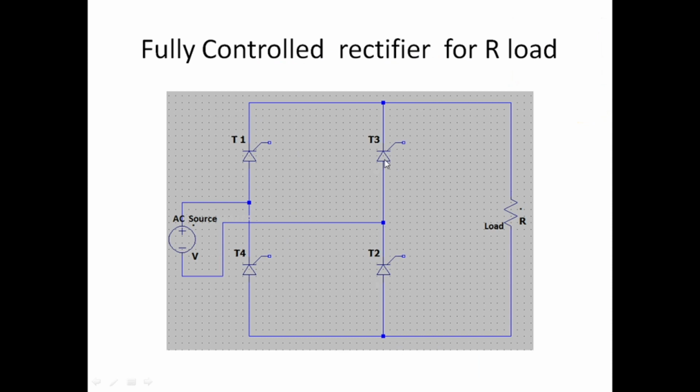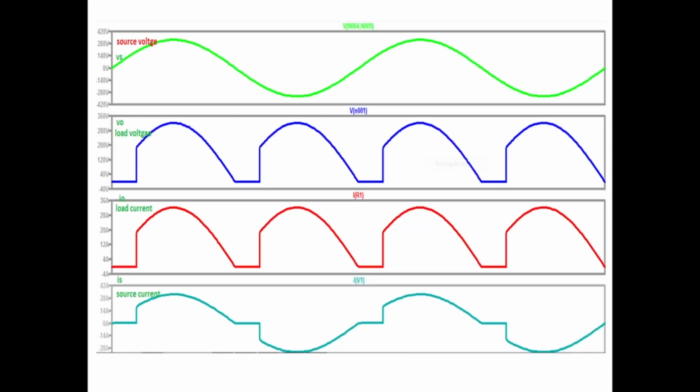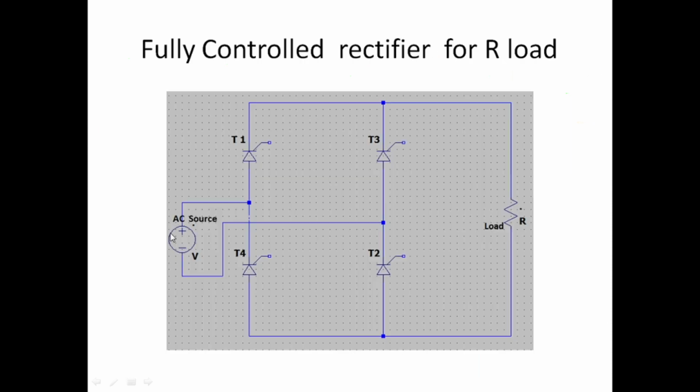So this is a simple circuit. We can see the waveforms here. This is the input voltage which we have applied, which we are taking from the secondary of the transformer. Here we should consider that there is a transformer.